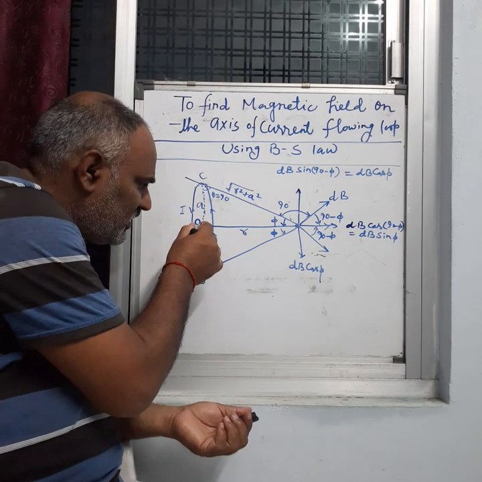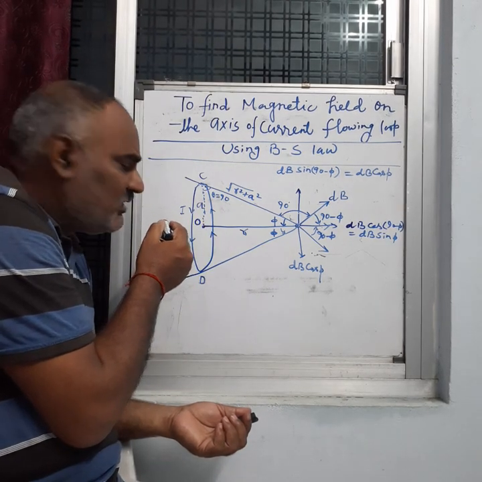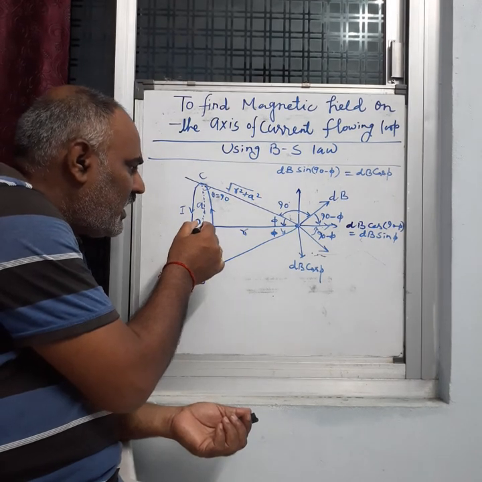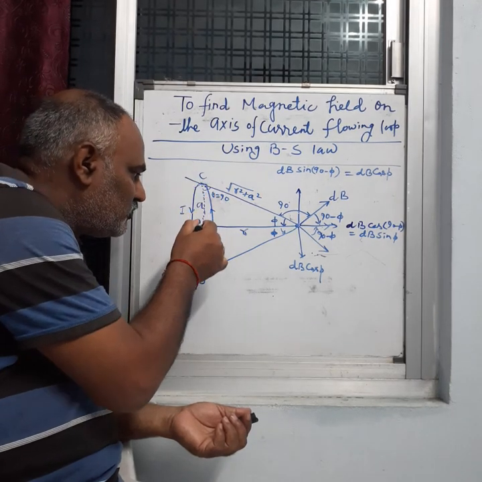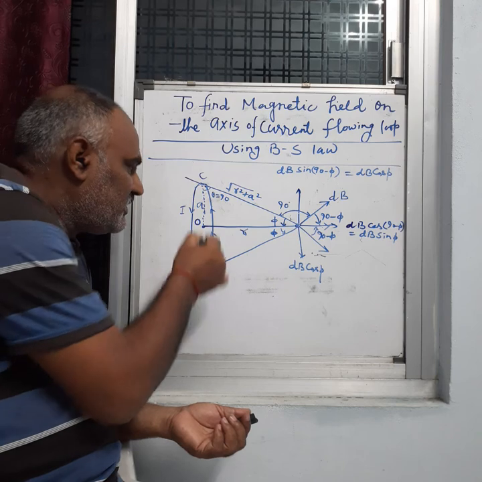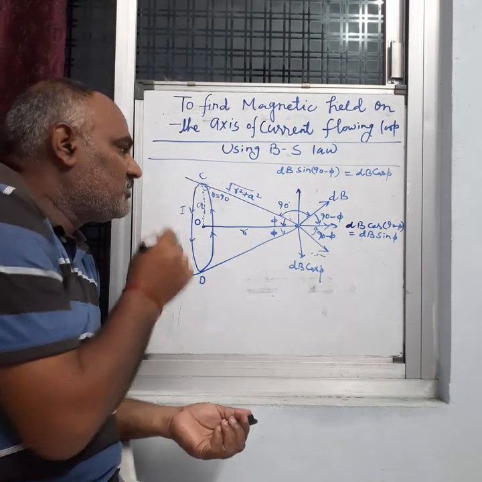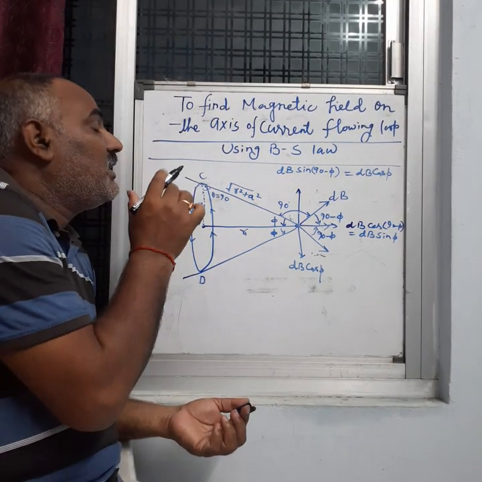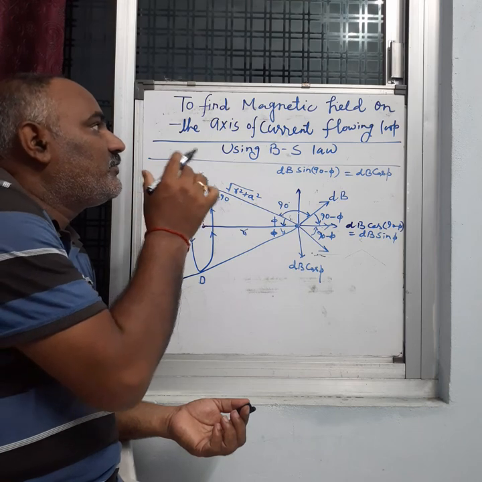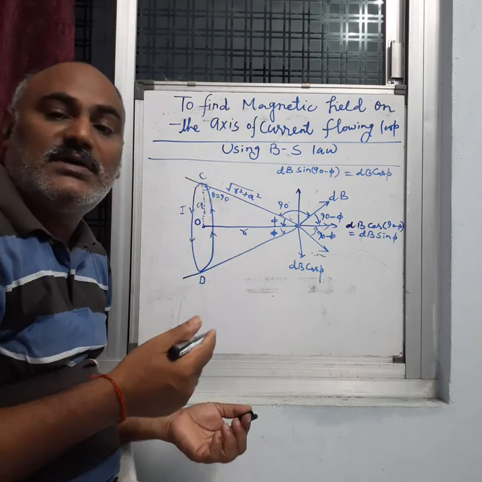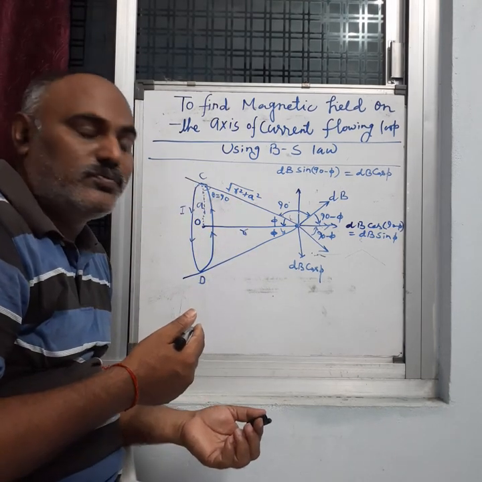O is the center of the loop, and small a is the radius of this loop. My topic is to find the magnetic field on the axis of this loop.